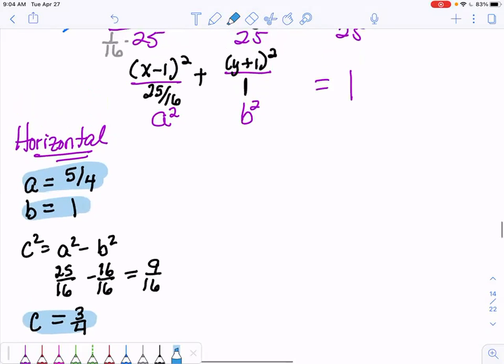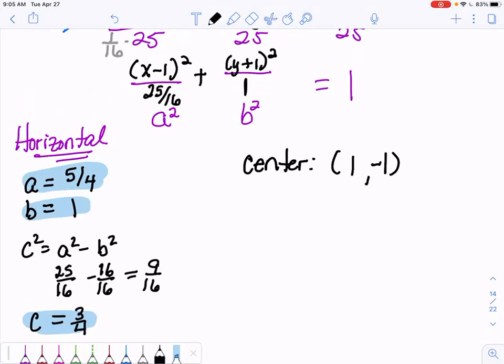So let's go back. You're asked to find the center, the vertices, and the foci. So Leah, looking at this equation, what is our center? Oh, 1, -1. So +1, -1. Yep.